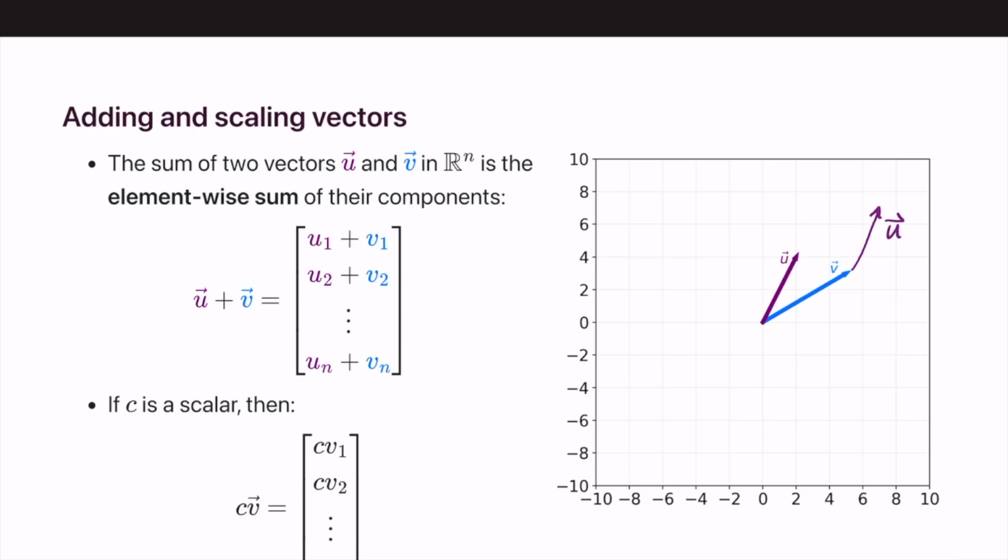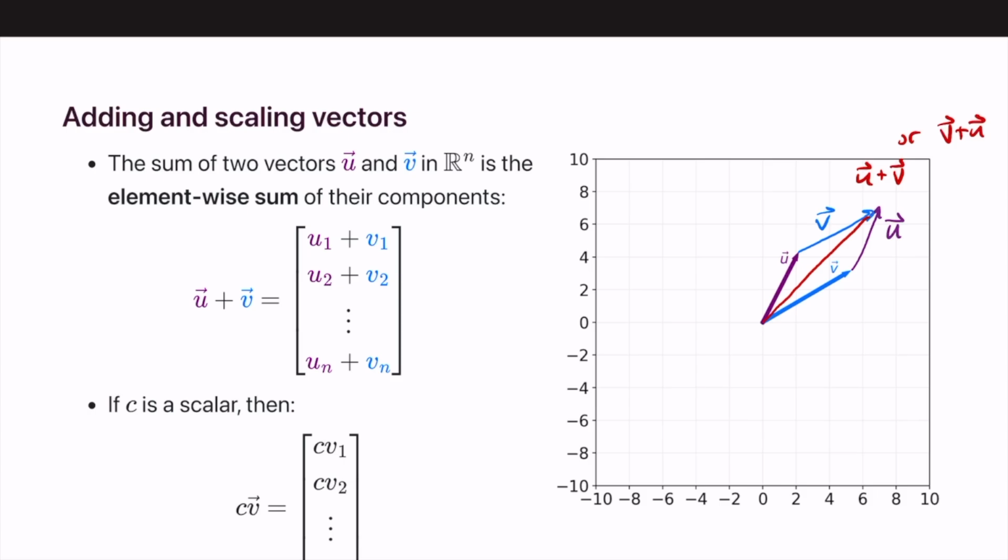Or we can also take v and go the other direction, which would be like that. This creates a parallelogram which has this diagonal in there, and that diagonal is u plus v, or v plus u.